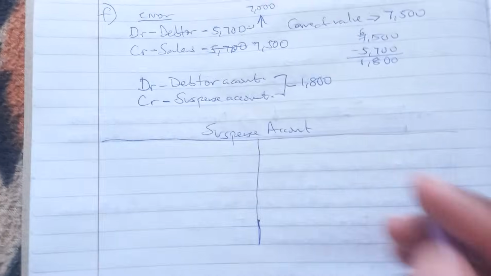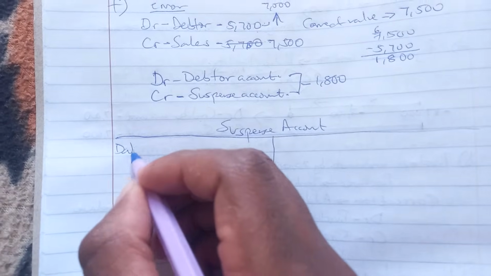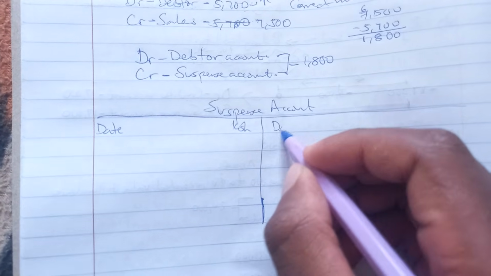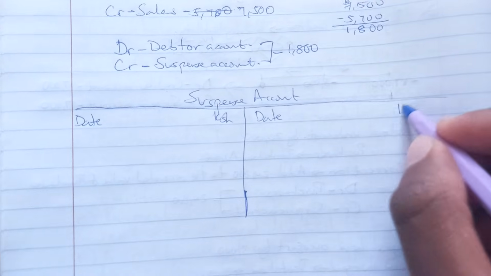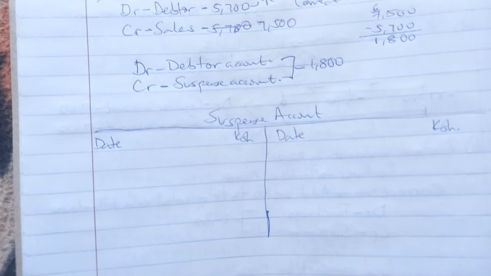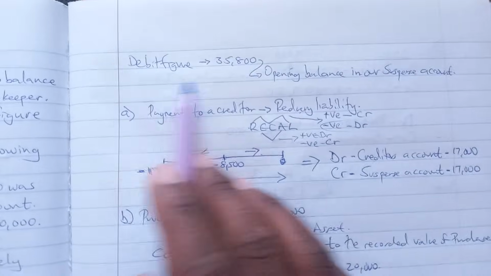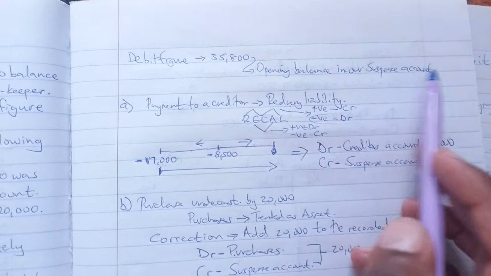First of all, let us start by writing the date and the currency. We first start with the opening balance in the suspense account.